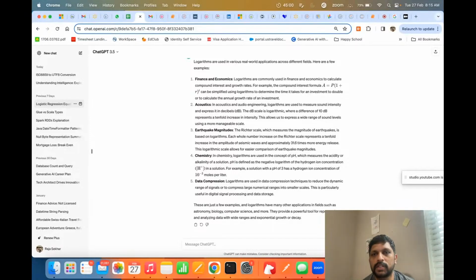Acoustics and audio engineering algorithms are used to measure sound intensity and express it in decibels. So I think for representation purposes it makes sense, like with earthquakes. It's there below it: a person approximately 31.6 times more. Somebody says 6.5, so that means it's log.